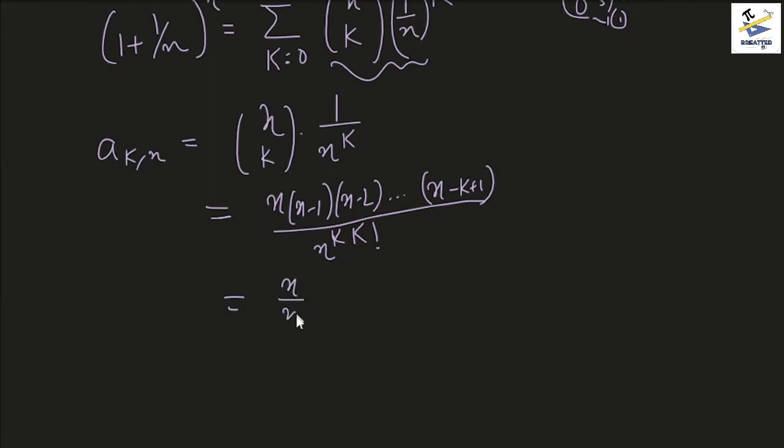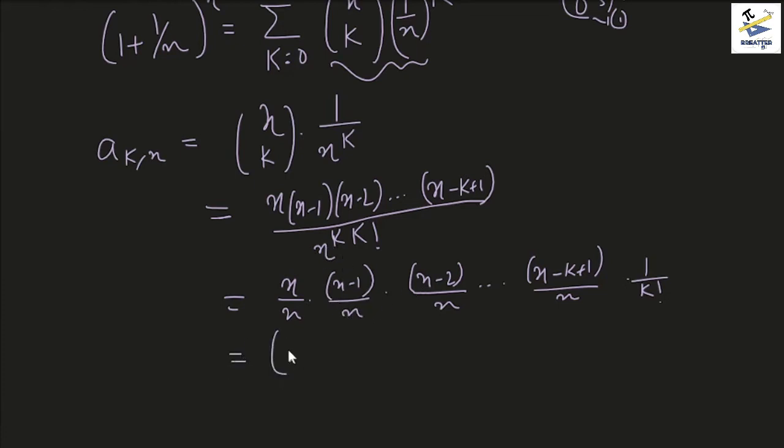x by x into x minus 1 by x into x minus 2 by x and all the way up to x minus k plus 1 by x. And then there is a 1 by k factorial. And now there are k terms, so I've divided all the k x's in as denominator to this one.